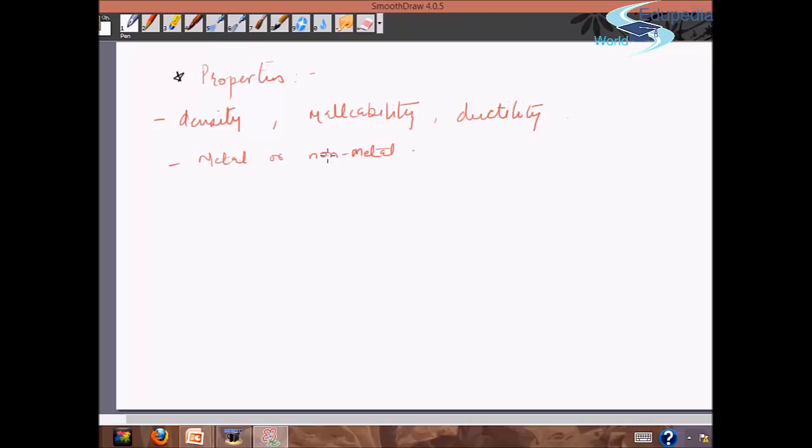But none of these early classifications proved satisfactory because the number of elements falling in a particular group was so large that it did not serve the purpose of generalization, or some of the characteristics being considered vary under different conditions. Also, certain elements showed metallic as well as non-metallic characters.